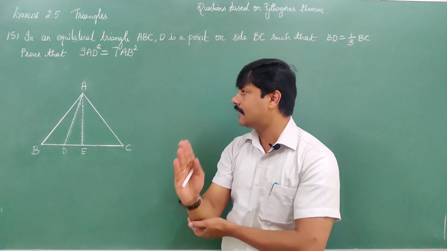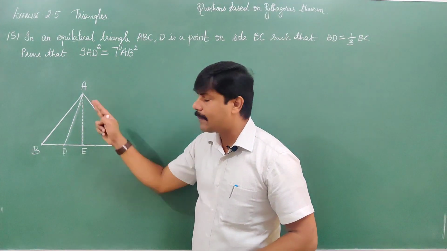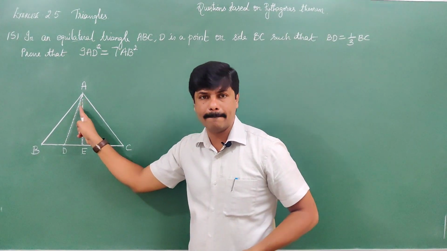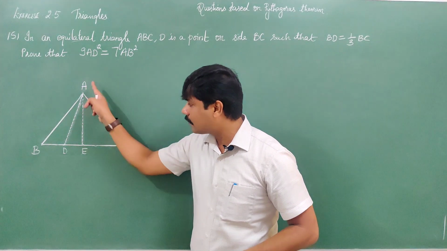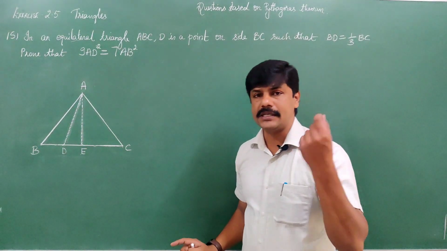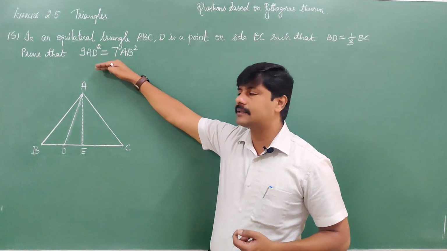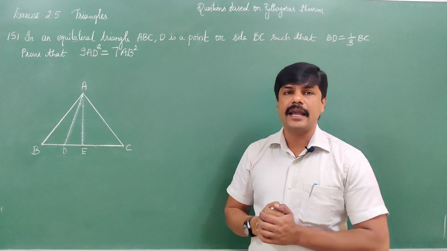Thus, we should also construct a perpendicular from vertex A, that is AE perpendicular to BC. These are the two constructions we have to make to arrive at the solution, that is 9AD square is equal to 7AB square.